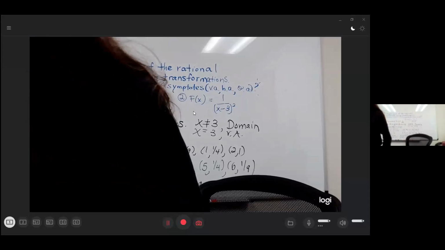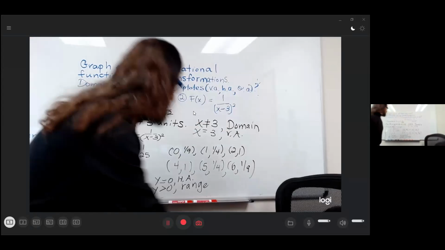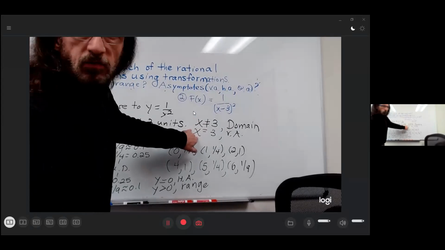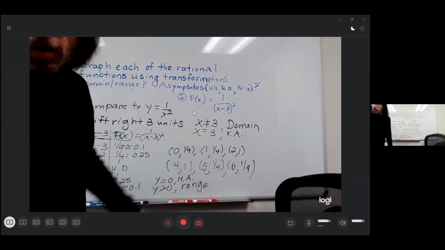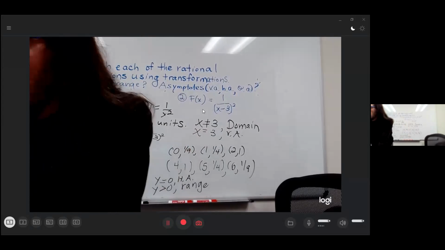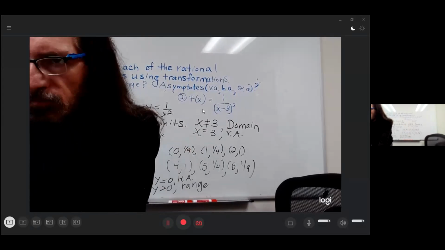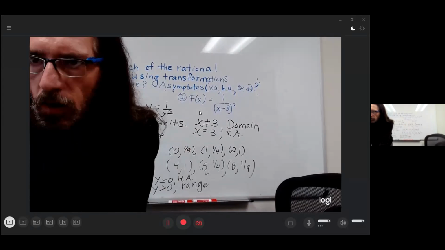Just letting you have a quick look at that final conclusion. Domain, vertical asymptote, range, horizontal asymptote. And again, you're never going to get an oblique asymptote when the degree of the numerator is less than or equal to the degree of the denominator.